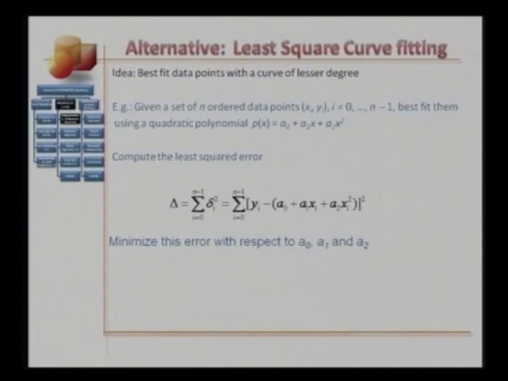We go back to basic calculus and we realize that if we treat these unknowns as independent variables, we can compute the slopes partial delta over partial A sub 0, partial delta over partial A sub 1, partial delta over partial A sub 2, and make these slopes all go to 0. Let me derive these equations for you on board.